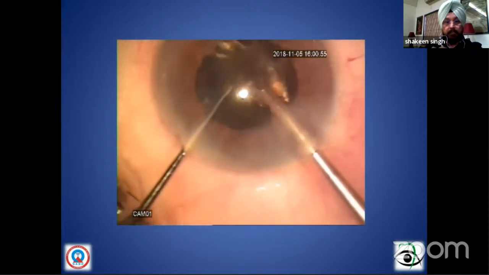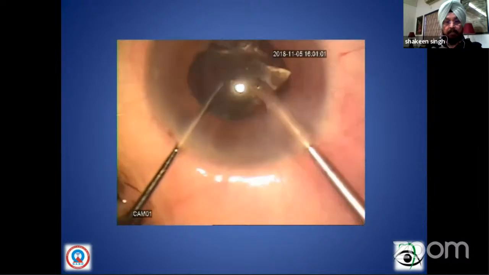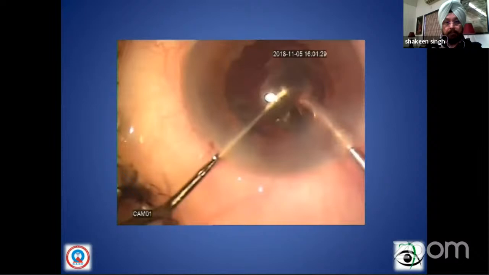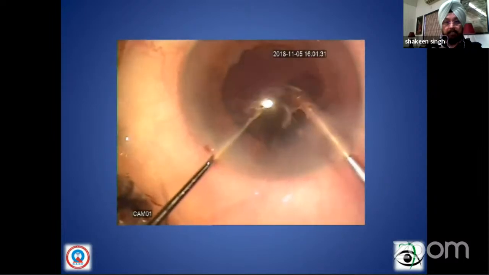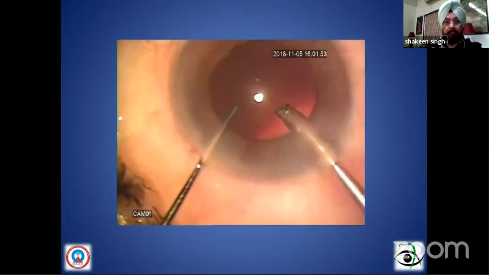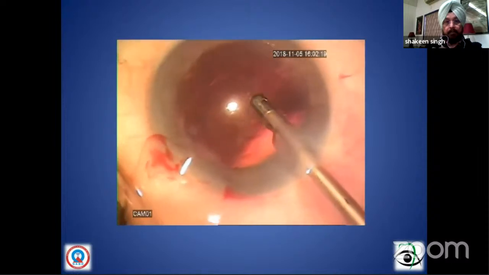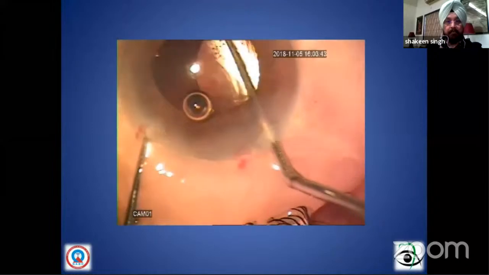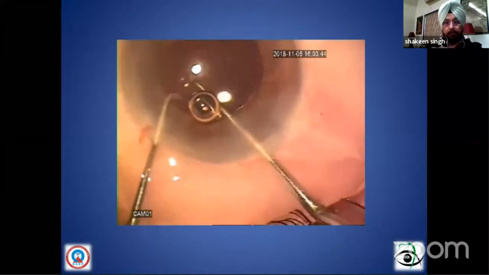You see, it's easy to handle. Maneuverability is much better compared to the reverse cutting or other choppers. You can fragment it easily, and then the aspiration and lens dialing in, and we are through the process.